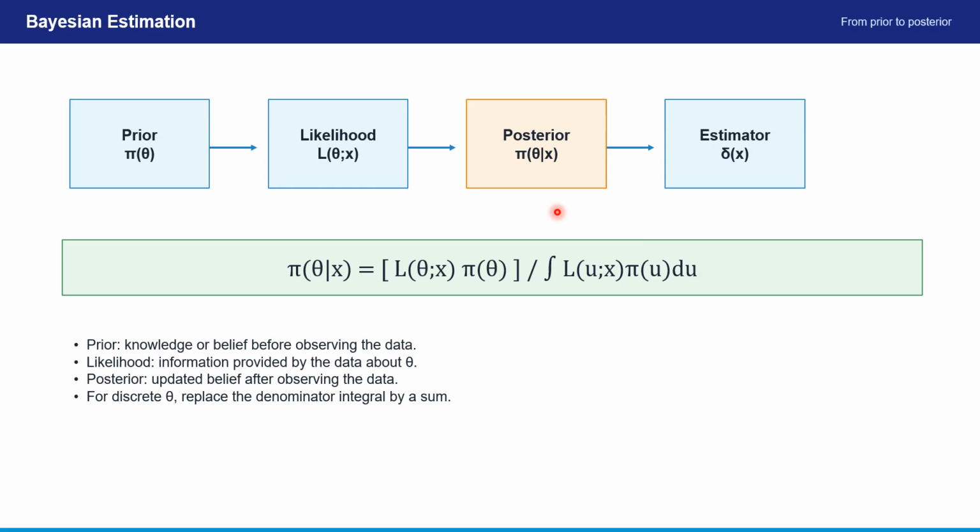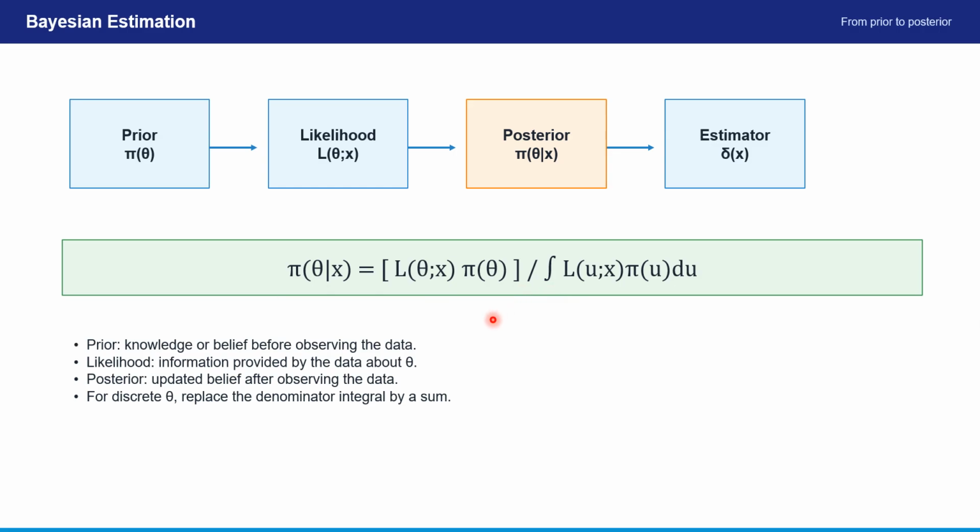The posterior formula is pi of theta given x equals L of theta given x times pi of theta divided by the integral of L of u given x times pi of u du. The denominator is the normalizing constant. It makes the posterior integrate to 1. If theta is discrete, we replace the integral by a sum.